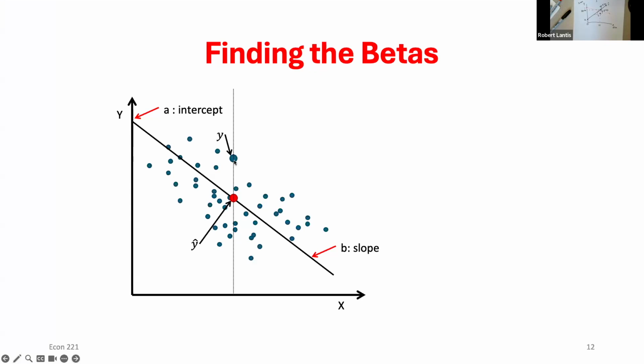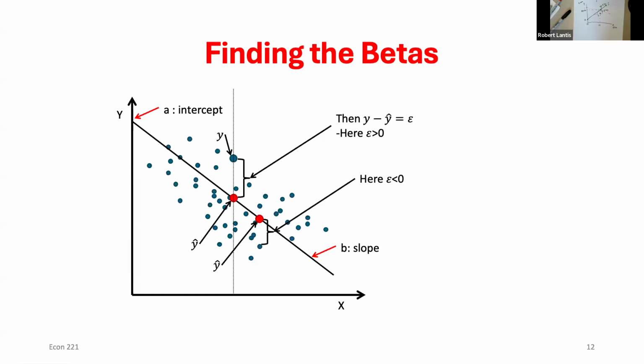The actual Y values are the scatter plot points. So for this one observation, I've got a positive error term, right? I can come up with a predicted Y, but it's a little bit less than the actual Y value for this specific observation. And then if I had another one where the predicted Y is actually a little bit too high, then the error term for the actual Y value must be negative.